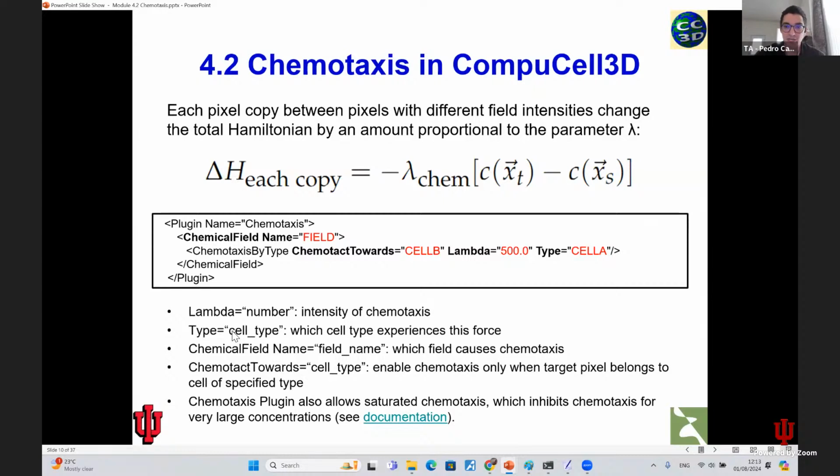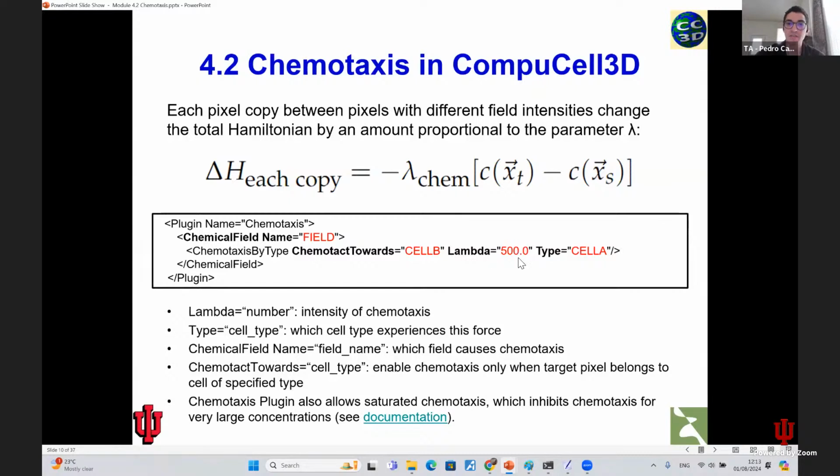Now you have the cell type. In this last option here, what is the cell type that obeys the chemotaxis? So in this piece of code, cell A is obeying the chemotaxis with respect to the field. We also set the lambda.